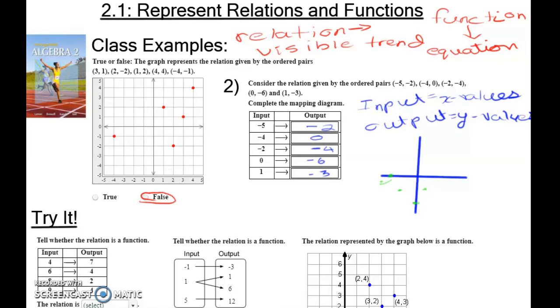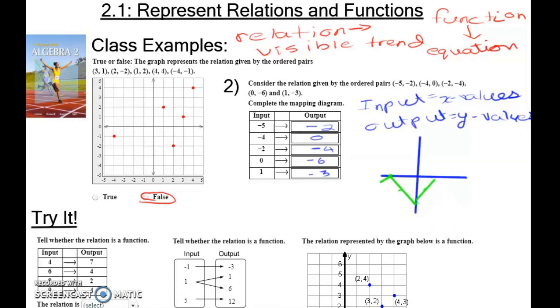Now clearly you can see that it goes up and then comes back down, goes up, then comes down.